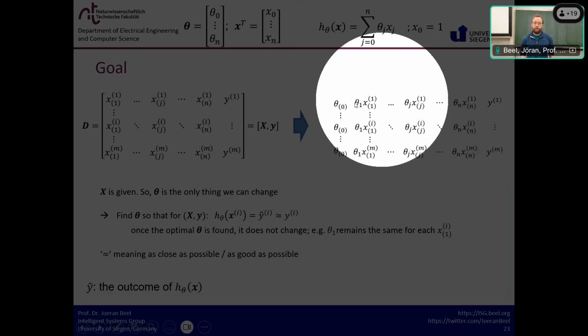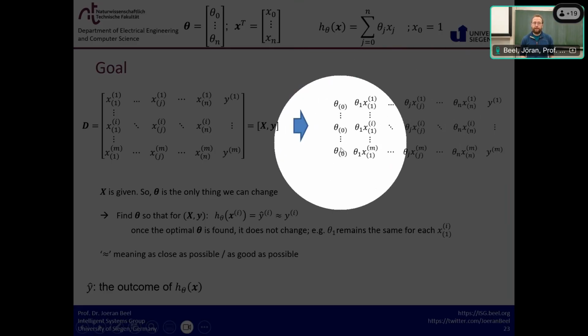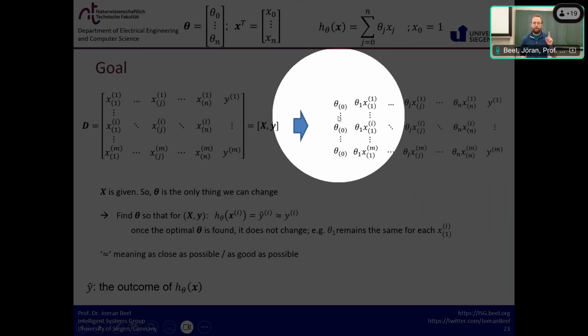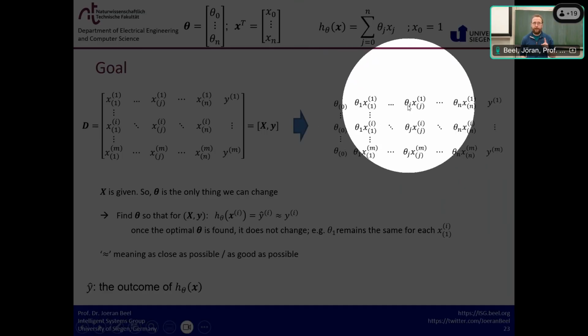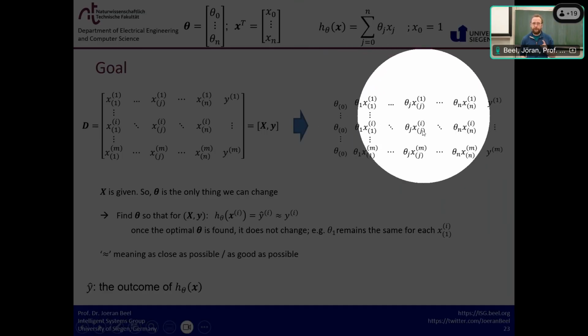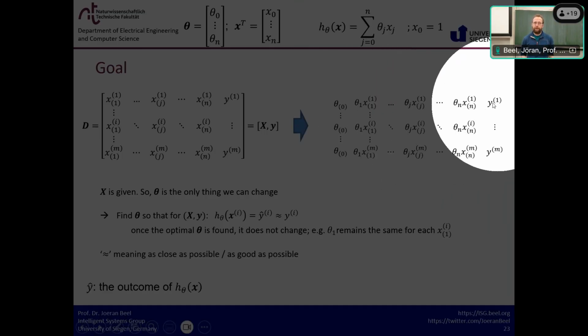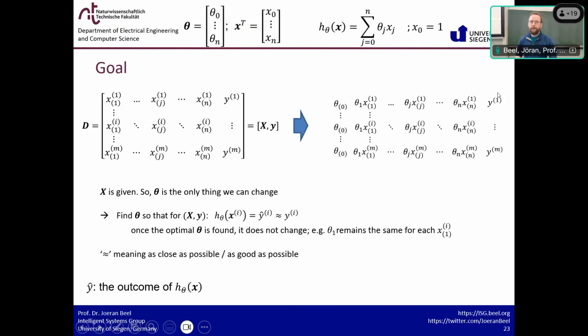It's important to keep in mind that all these thetas are the same. Now we want to find one theta 0, one theta 1, one theta j, so that for all the instances in your data set, you have reasonably good predictions for y. Is that clear? That's our goal, to find theta.